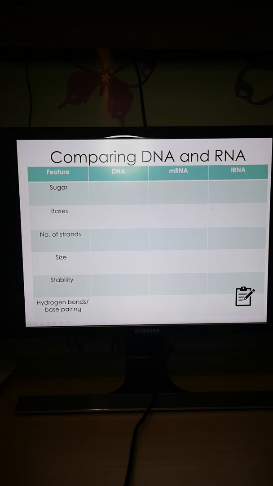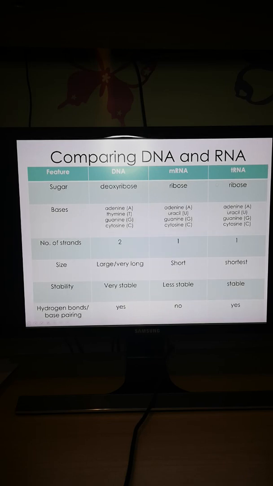Okay, so your answers for this are sugar for DNA, deoxyribose, but ribose for both of our RNAs. Bases, adenine, thymine, guanine, cytosine for our DNA, but adenine, uracil, guanine, cytosine for both RNAs. Number of strands, 2 for DNA, 1 for both RNAs.